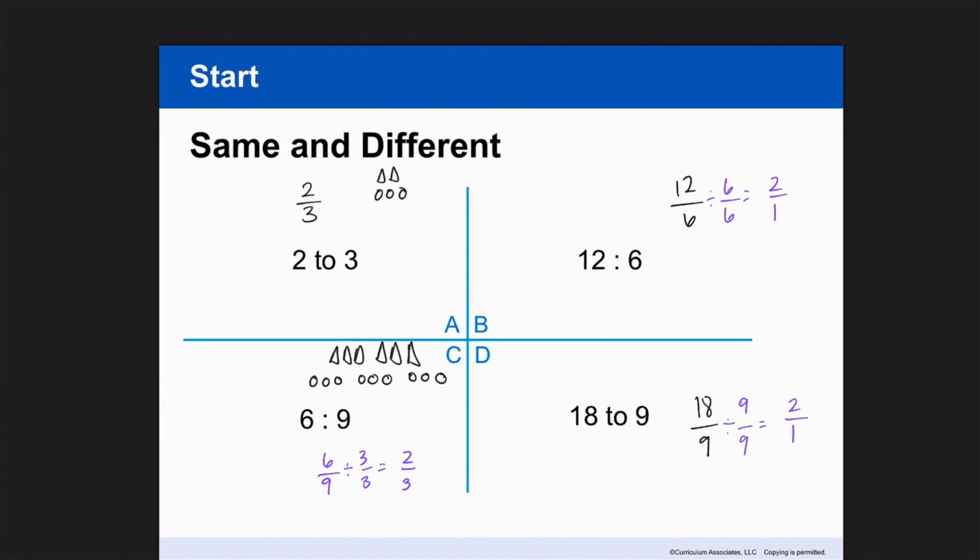So now that I've done that, if I've drawn myself a picture, I can see that I can do 2 to 3, 2 to 3, 2 to 3. So that one is the same as A to C. Okay, and once I've reduced this into an equivalent fraction, I can see that these are also the same.